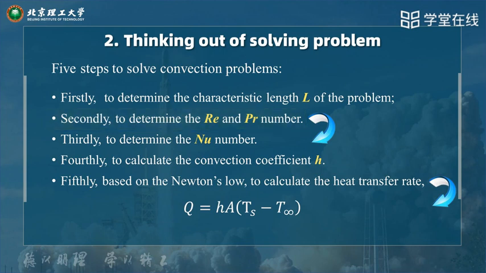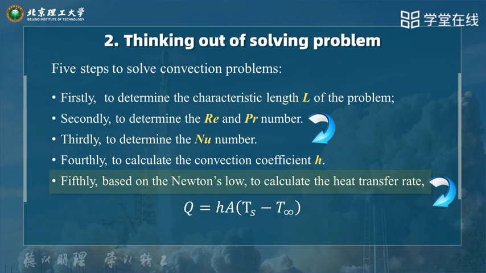When we obtain the Reynolds number and Prandtl number, the third step is to determine the Nusselt number. Fourthly, we calculate the convection coefficient h, because the coefficient is always related to the Nusselt number. When we obtain the Nusselt number, certainly we can calculate the coefficient h.